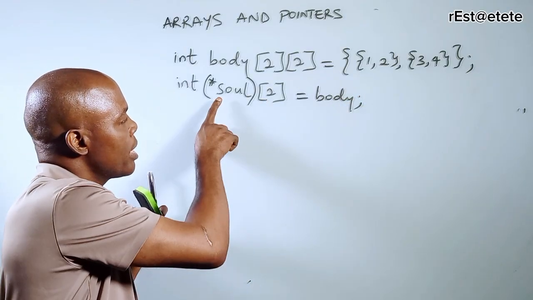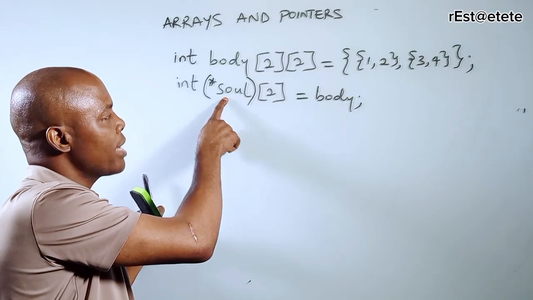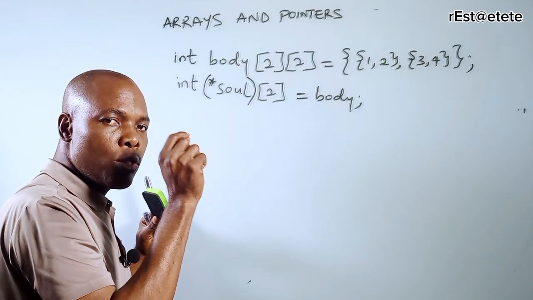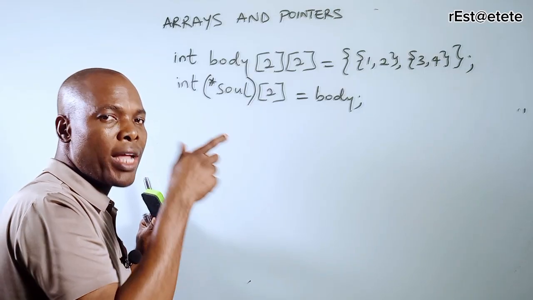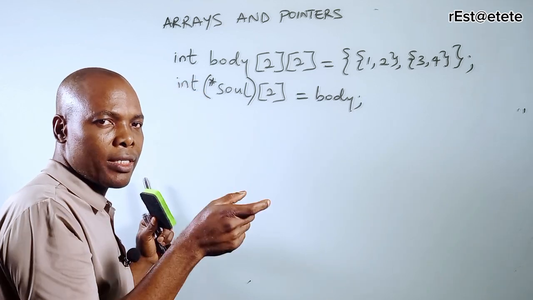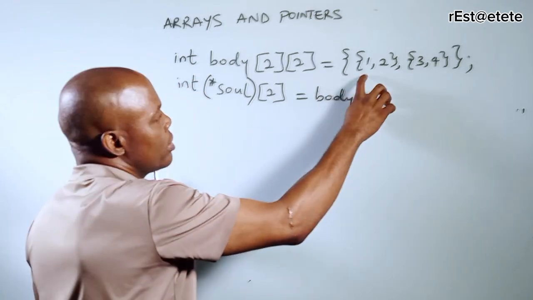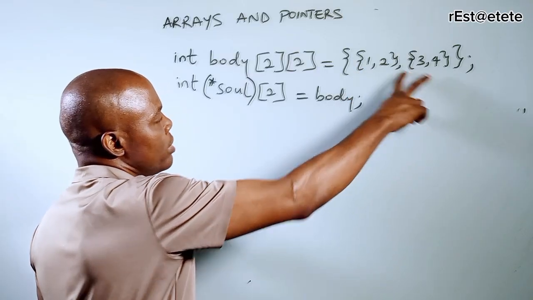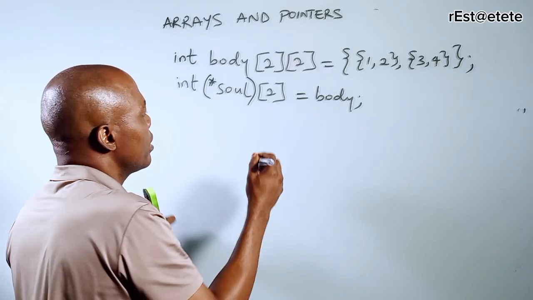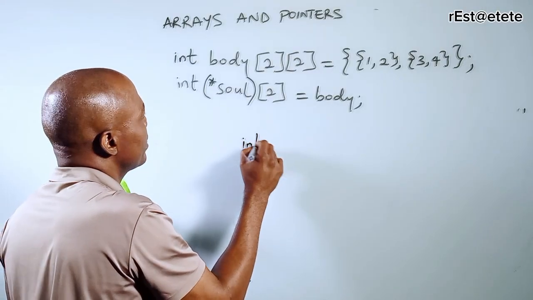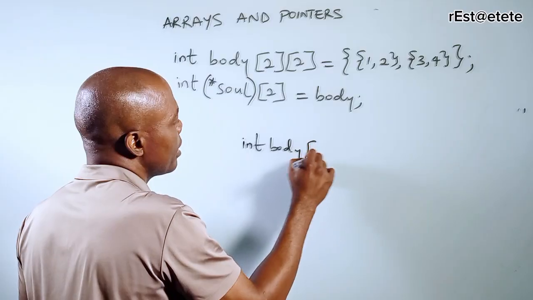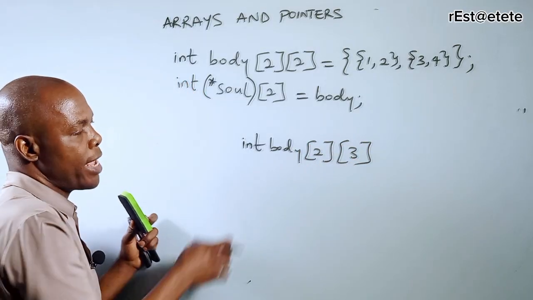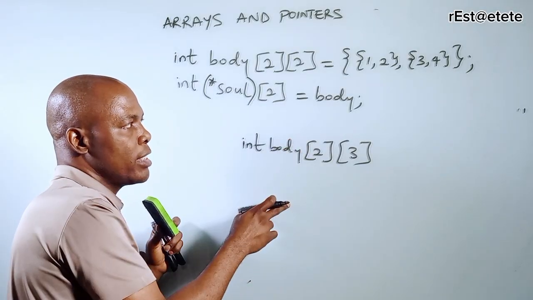So I am simply saying my pointer name is soul, right? It is a pointer pointing to an array, to the row, the first row, to an array with 2 integers. So meaning I am pointing to an array with 2 integers. So the first row is carrying 2 integers. The second row is carrying 2 integers. That's why I'm having this. Now, if I say int body, and I do this, and I do this, right? If I declare my array like this, and I'm going to initialize it, how will I do it?